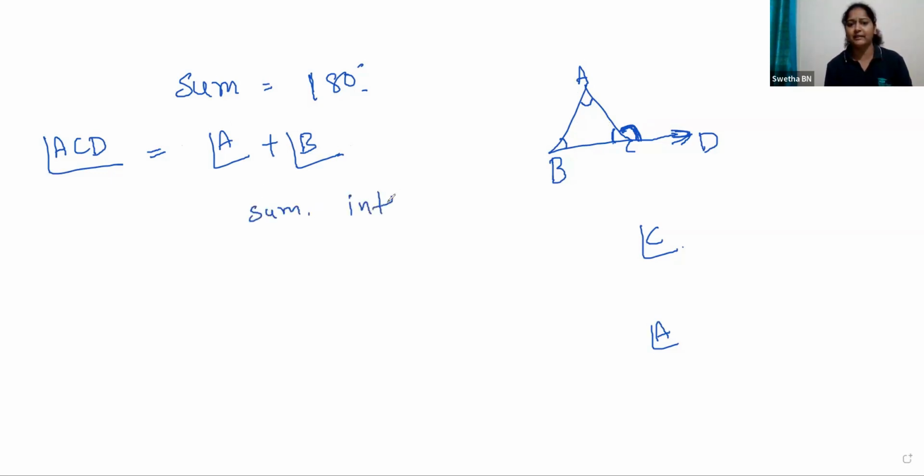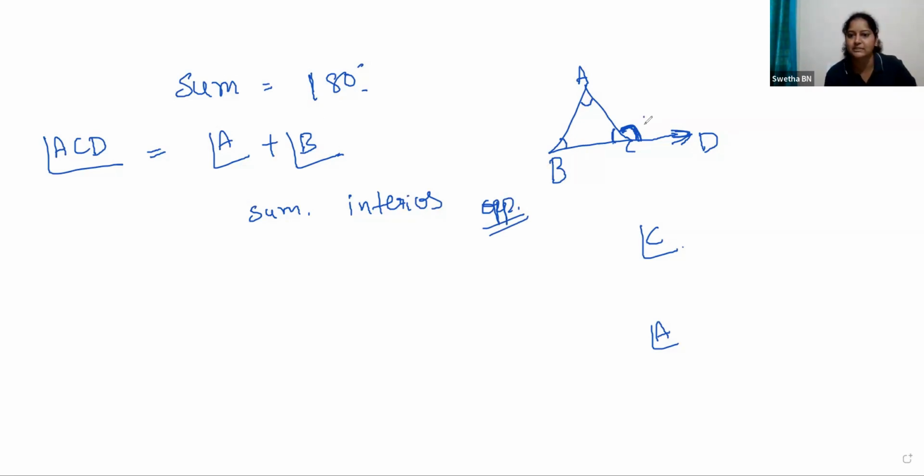Which are the interior angles here? Interior means A, B, C, all are interior angles. What are they saying? Interior opposite angles. Opposite angles means you have to take A and B. Got it?